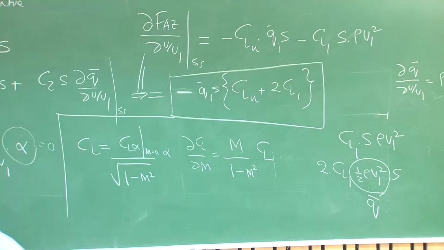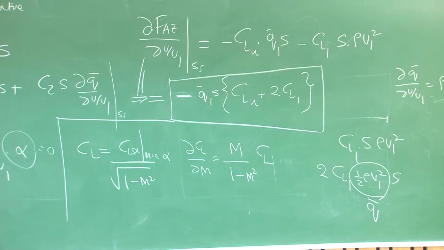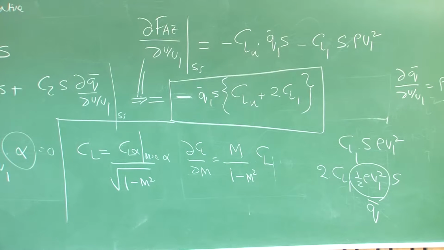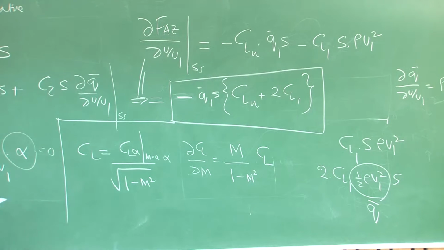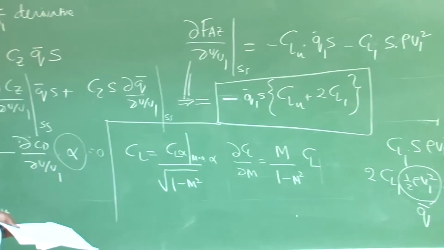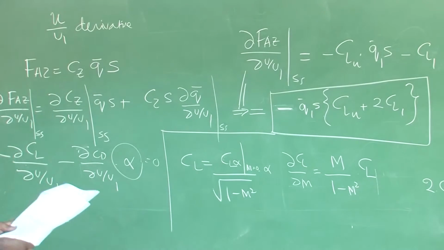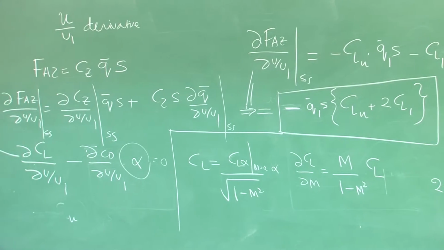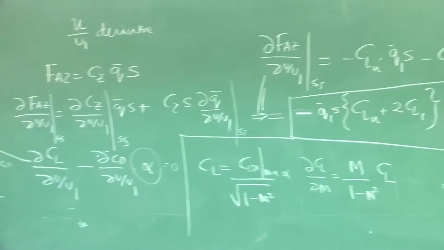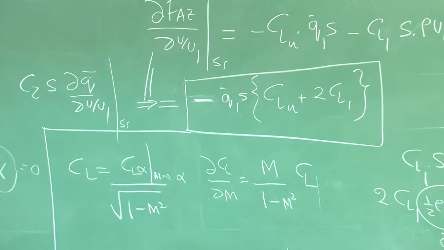So analytically also, as a first approximation, you can easily find the value of dCl by dm, which will be required in finding the value of Clu. Okay? But for practical purposes, you need to do it in your own way through different testing.